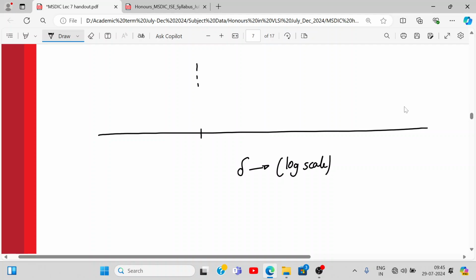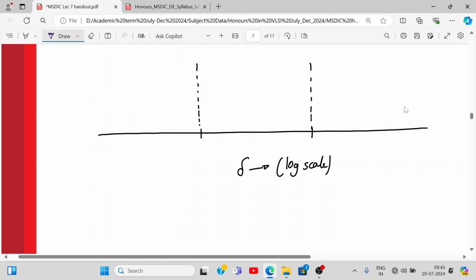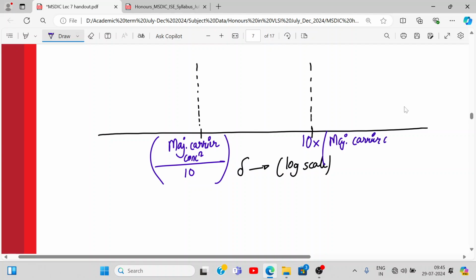So let's say we have divided this into three sections. This is majority carrier concentration divided by 10. This will be 10 times the majority carrier concentration. So let's say we have an n-type semiconductor.